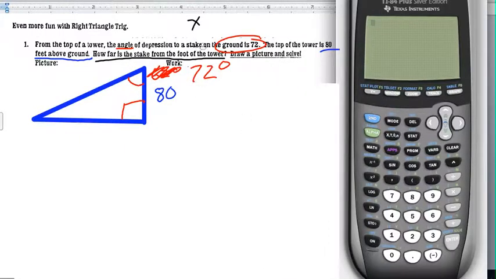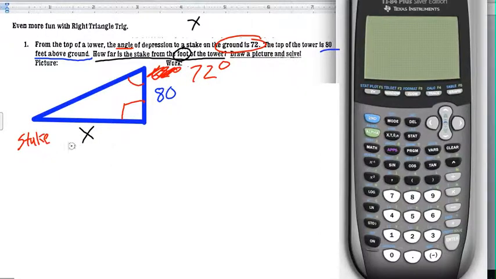But anyhow, the stake from that 72 degree angle, they're not describing this direction, they're describing this direction. So here's our stake. If they want to know how far the stake is from the foot, that means our x is going to be down here. So our angle is up here, our given side is here, and then how far from the stake to the tower, that's going to be to the foot of the tower.